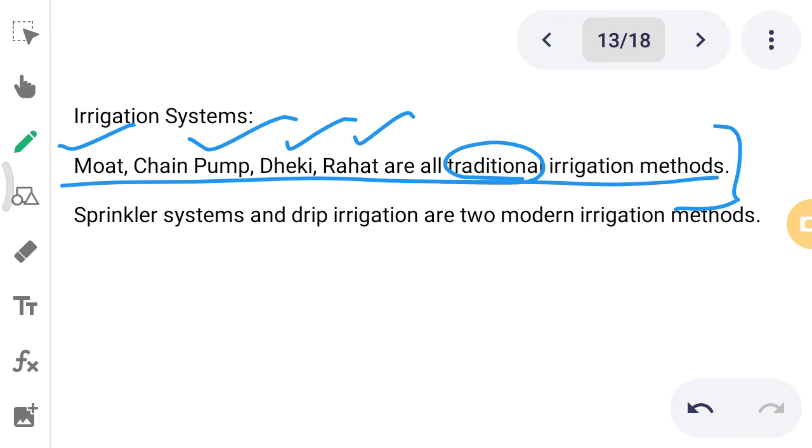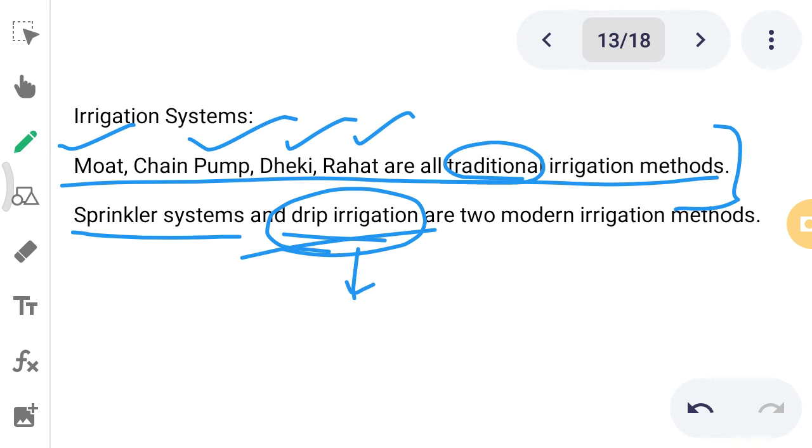During these modern days, we are seeing the sprinkler systems and drip irrigation system. Drip irrigation system is very, very essential and it is very helpful because it helps in water conservation.